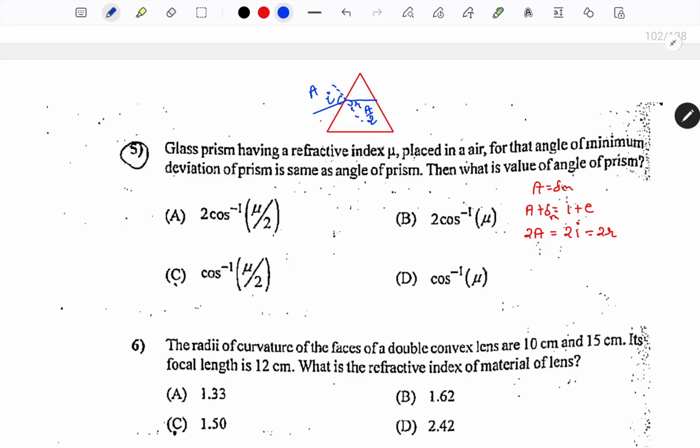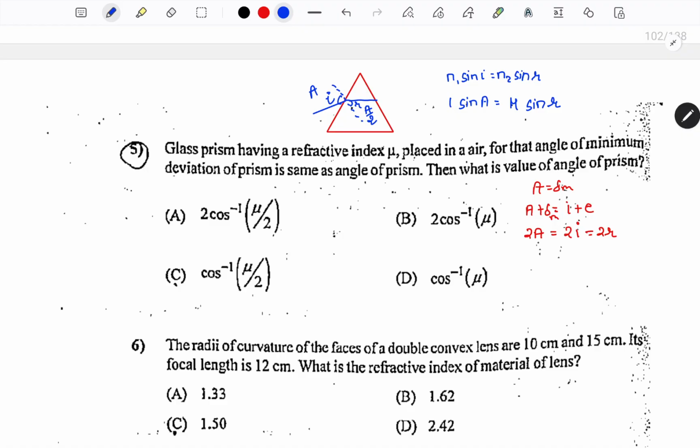On solving this, apply Snell's law: n1 sin i is equal to n2 sin r. Here it is clear that n1 is air, and sin A is equal to mu, the refractive index given, and sin r.